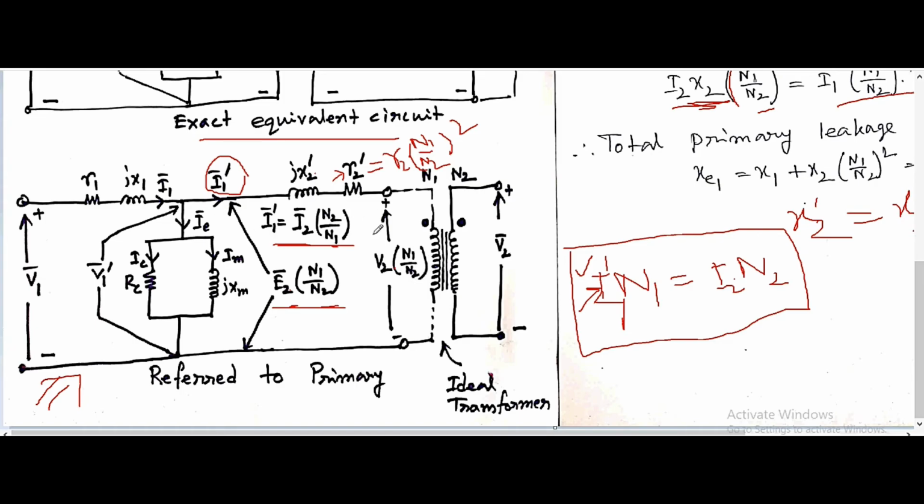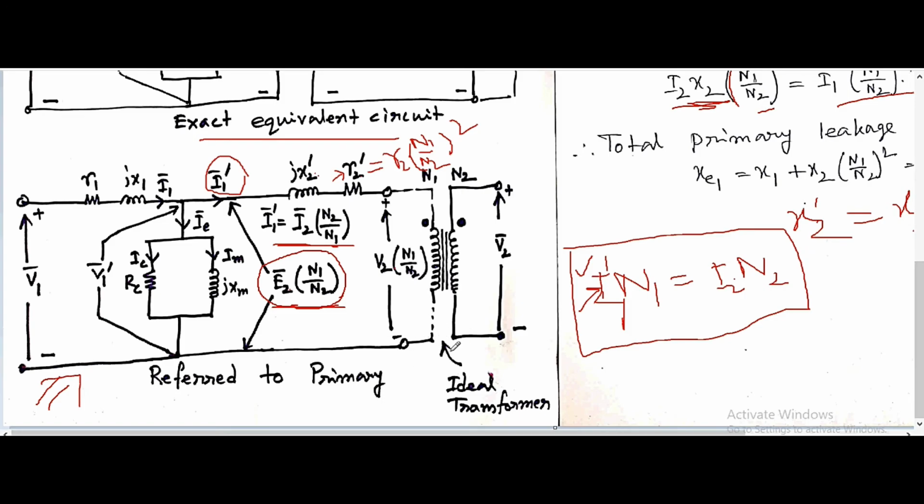And these are the secondary parameters, R2 dashed, X2 dashed, and this is E2 dashed. E2 dashed equals E2 N1 by N2. V2 dashed equals V2 N1 by N2.